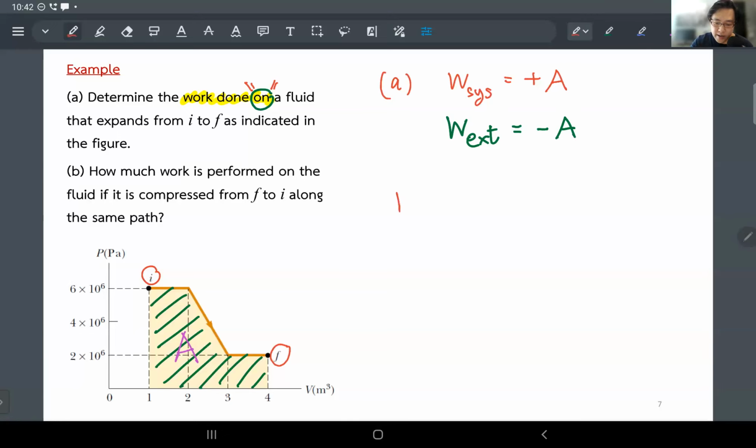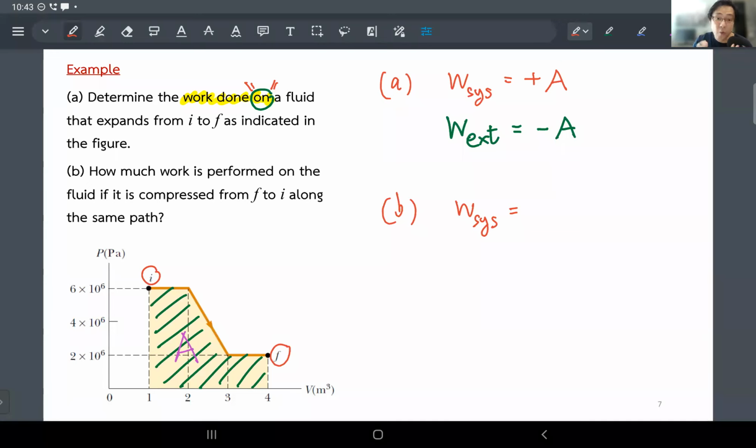All right, try part B. For part B, they're doing the same thing, but backward, right? Same path, but you're going from F back to I. So that means the W by the system now is going to be negative, because your gas starts from a big volume to a smaller one; the gas gets compressed. But how much?